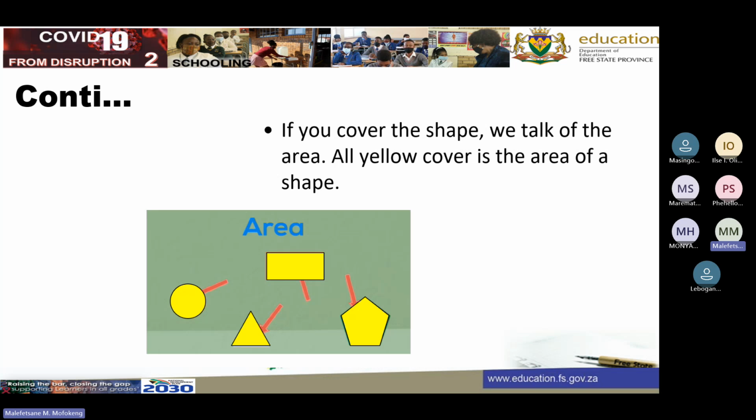If I color the circle with yellow, it's also an area. If I color the triangle, it's an area. And lastly, when I color the pentagon, it's also an area. You can see the area is the space inside the polygons, or inside the boundary around the polygon.